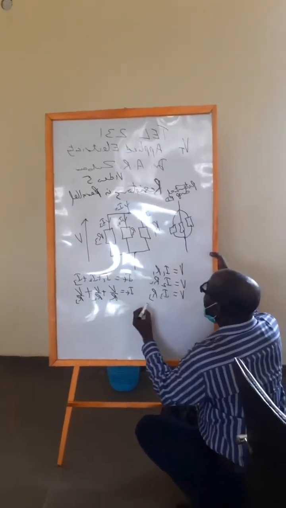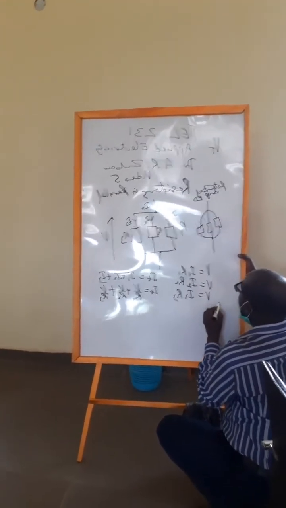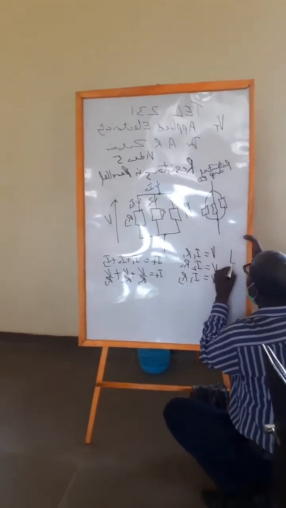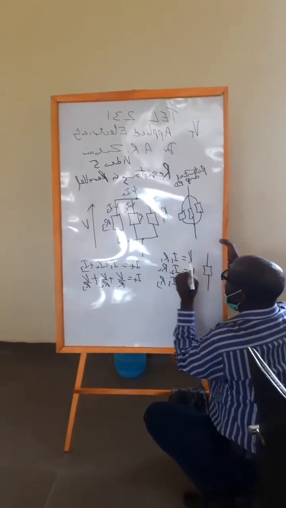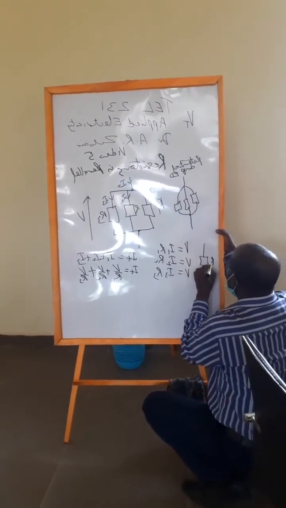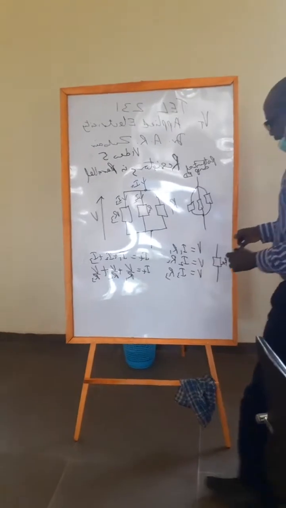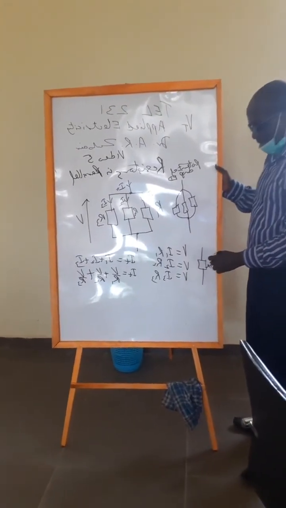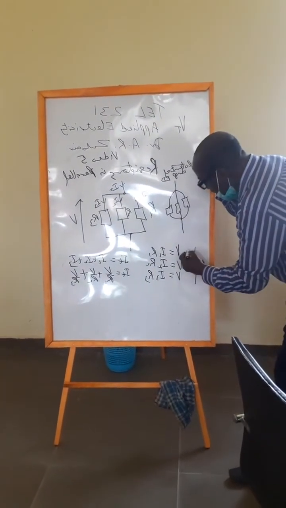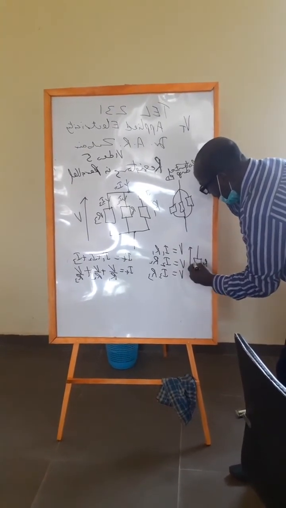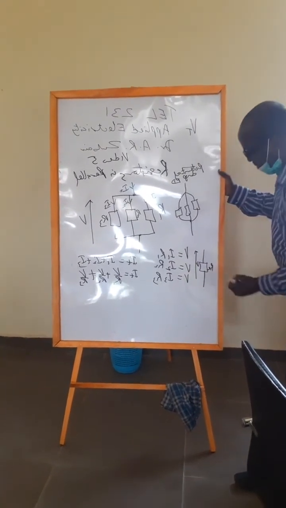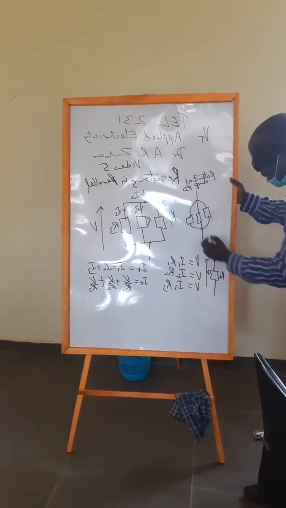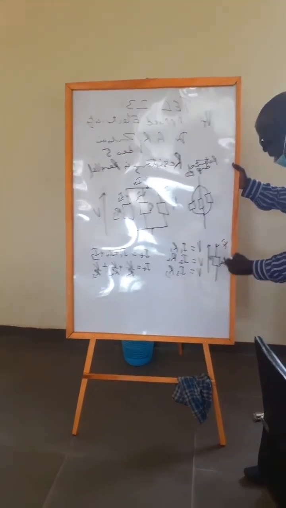Suppose I have a single resistor connected across, let me say this is the equivalent resistance, RE. And the same voltage, V, will be across it, and the same total current will be through it.